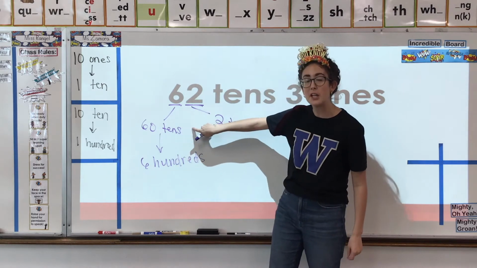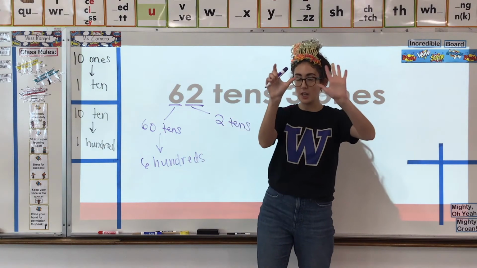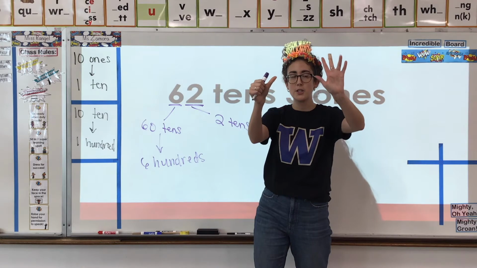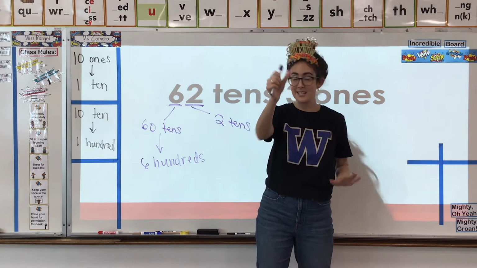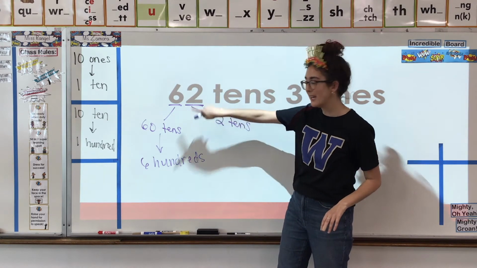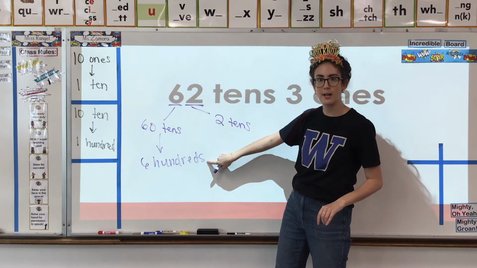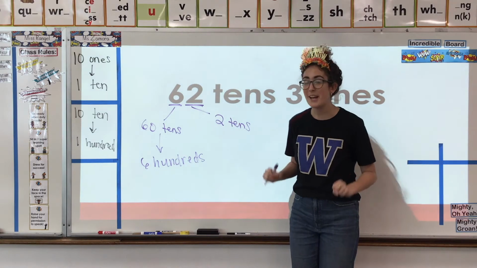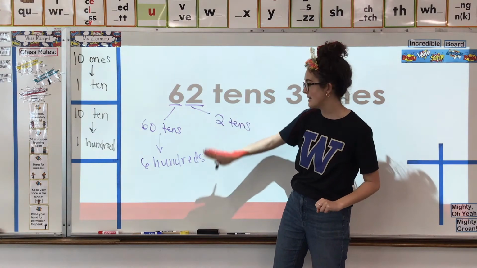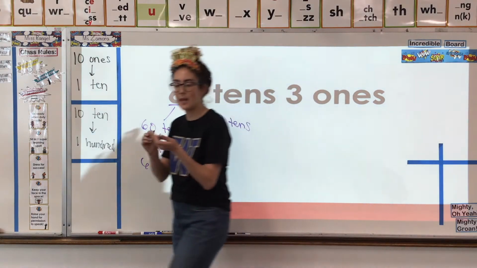For every group of 10 that's in our 60, 1, 2, 3, 4, 5, 6, for every group of 10, we get 100. So therefore, our 60 tens becomes 6 hundreds.